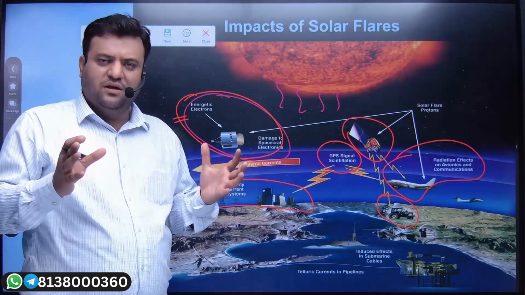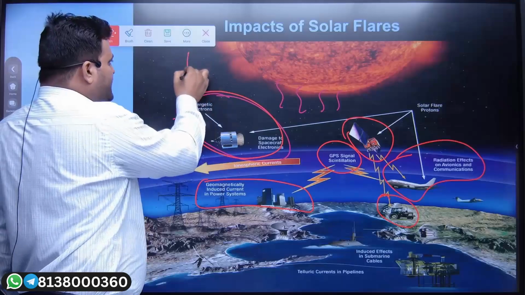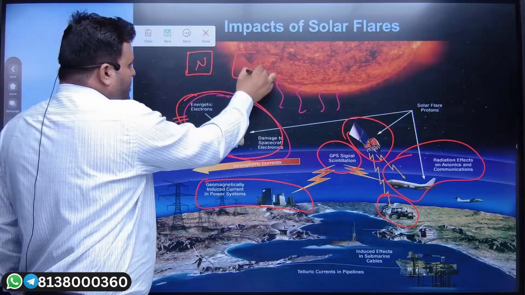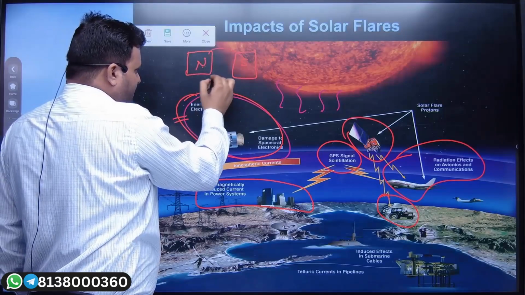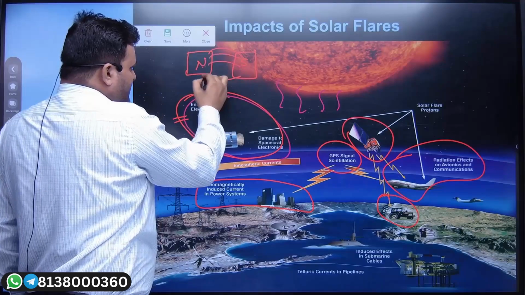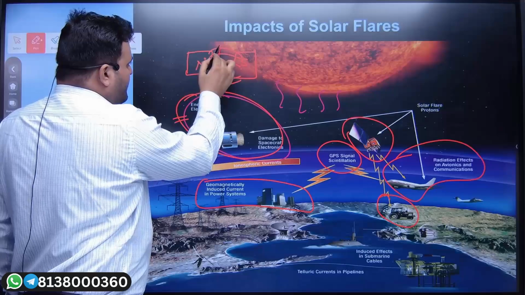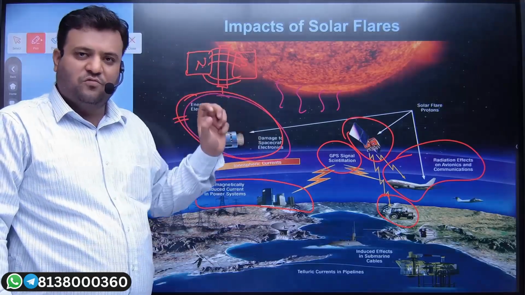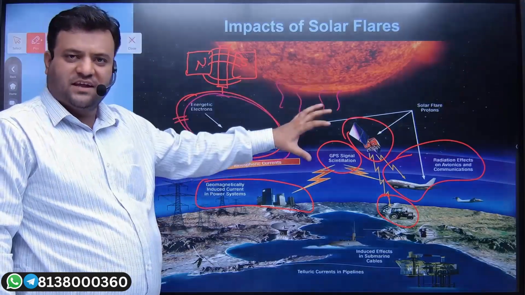I hope you remember in your childhood you might have learned that we produce electricity by rotating a coil between N and S. That is the magnetic field. And when we rotate a metallic coil in this magnetic field, there will be production of what? Electricity. Simple. Now here, the solar flare is what?